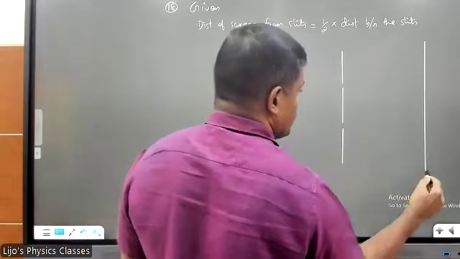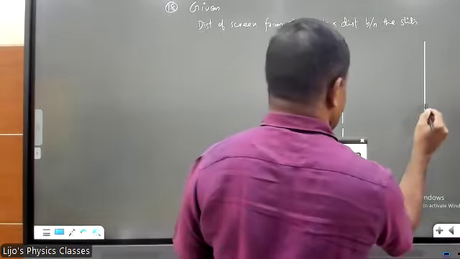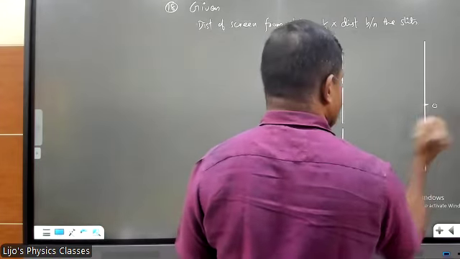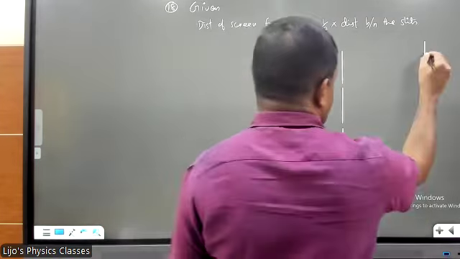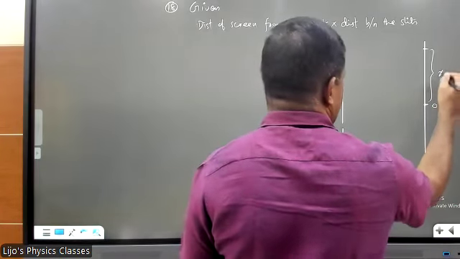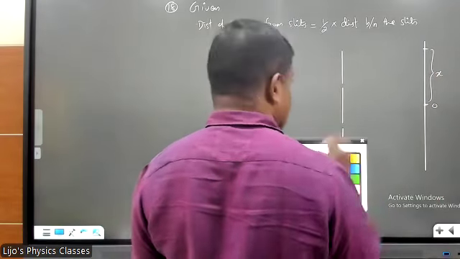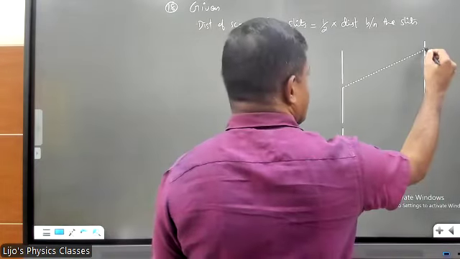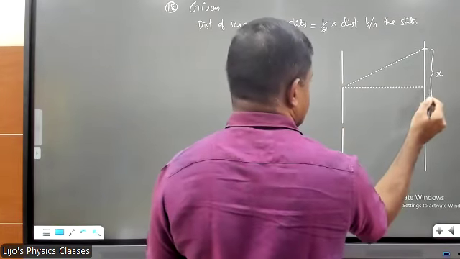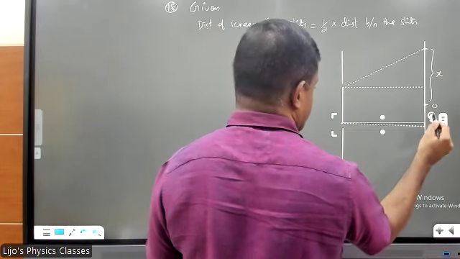Here is the screen, and right in the middle we have a point. That point can be called O. From O, at a distance of x, you take a point. Then just complete a triangle there, and complete another one here as well.